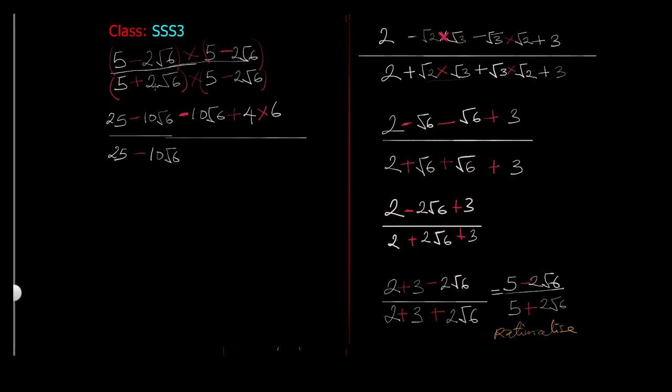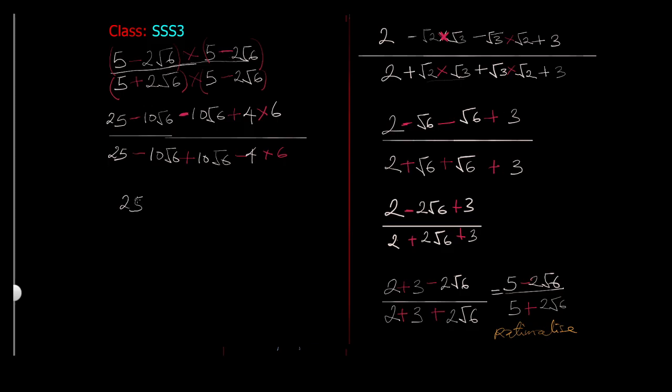We're done with that. Then 2 times 5 is going to be plus 10 root 6. Root 6 and minus root 6: minus 2 times minus 2 will be minus 4 times 6. Beautiful. So almost like what we had initially when we started.